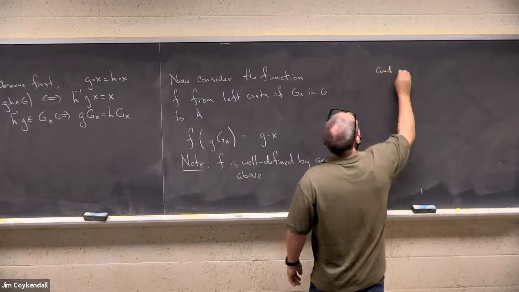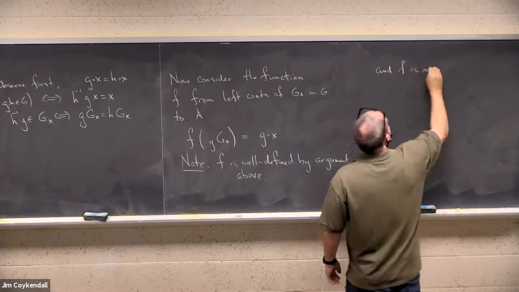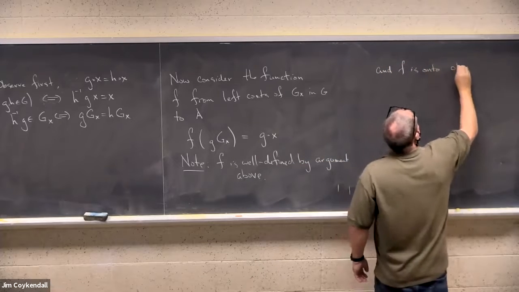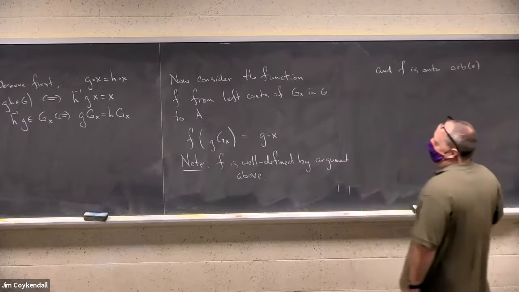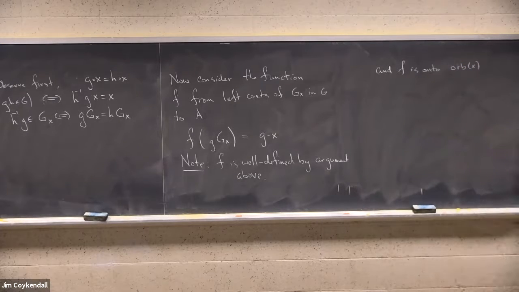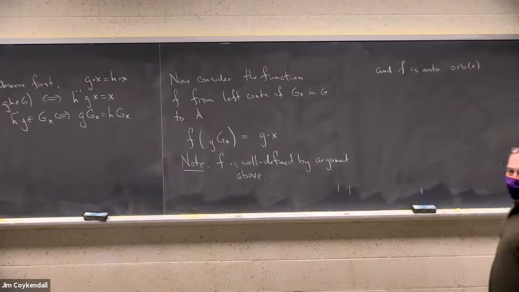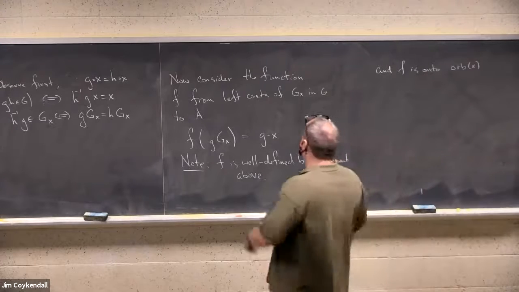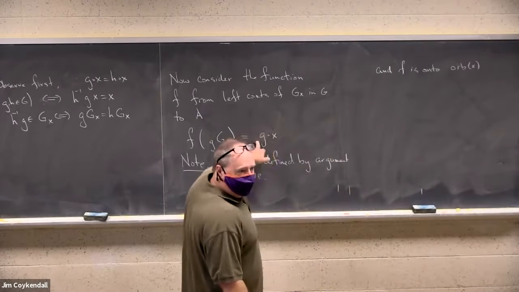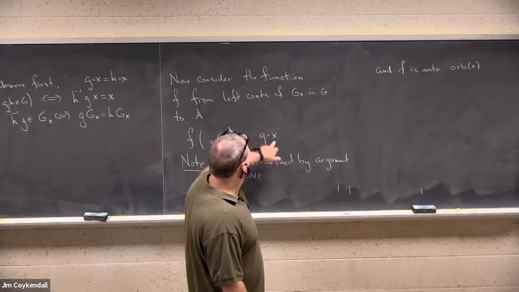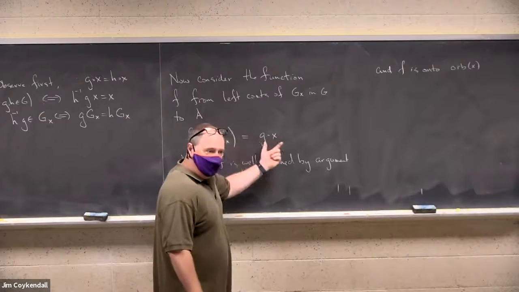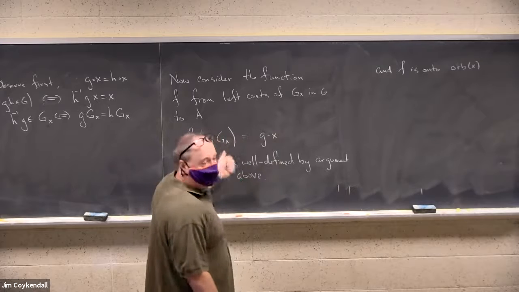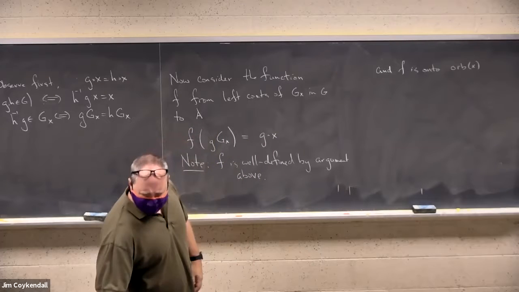And f is onto the orbit of x, right? Because by definition, the orbit of x is just x operated on by everything in G. So if I want some particular g operated on x, I just pick that left coset, right?